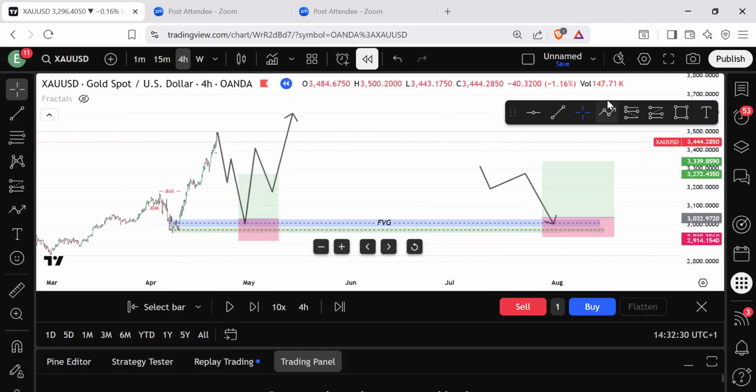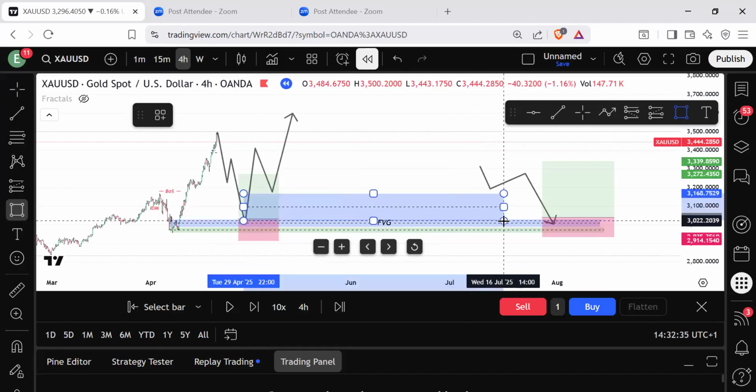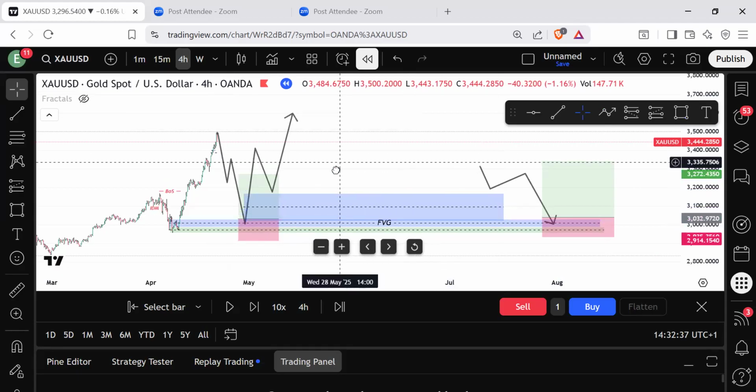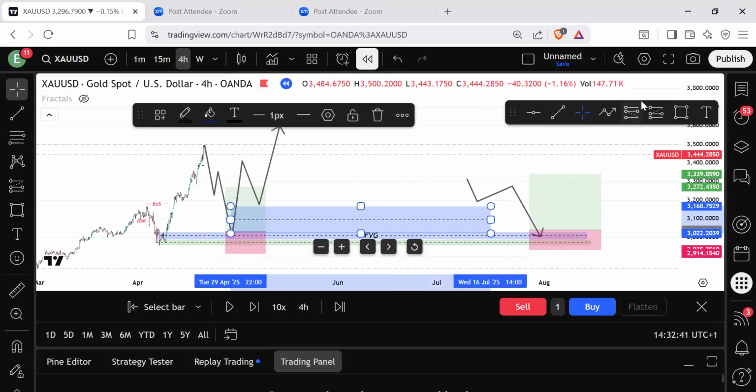So maybe a new zone might be formed somewhere here. Yeah, something like this. I'll then be looking to enter from here again.